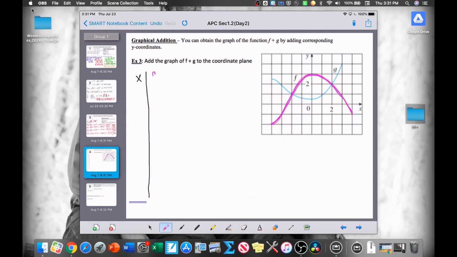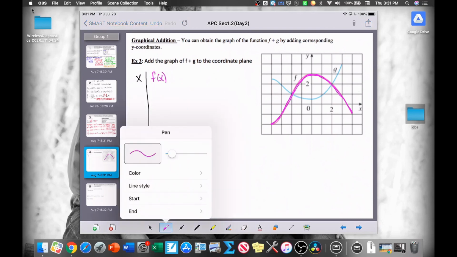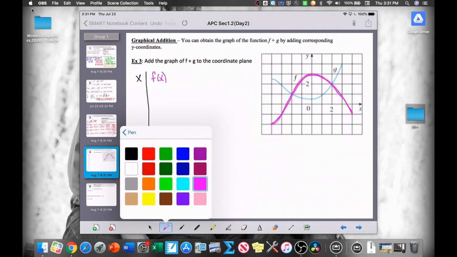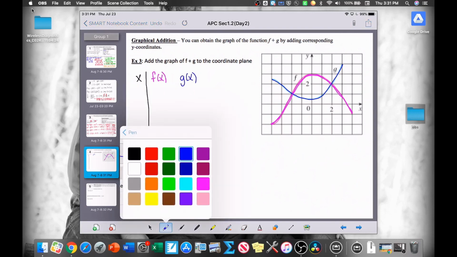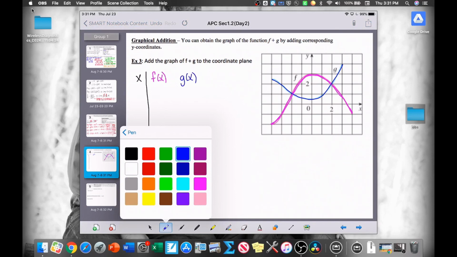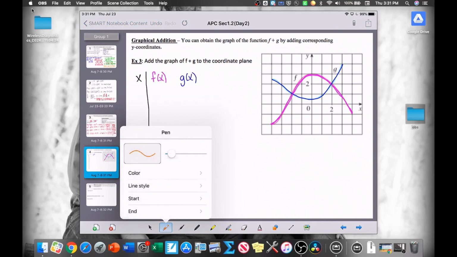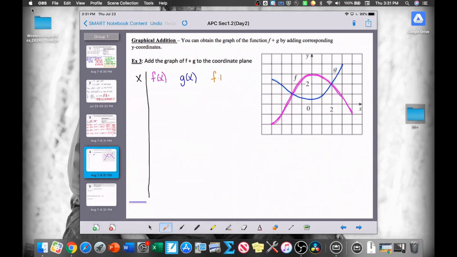Okay, so this is what f of x is. And then my g of x values are going to be blue. And my f plus g of x, I'll do orange.